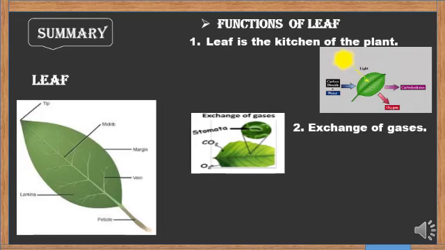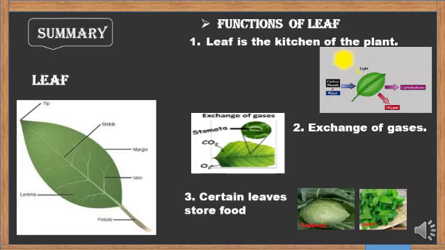Leaves release oxygen through stomata in the process of photosynthesis. And the third function is leaves store food. Sometimes extra food is stored in leaves of some plants. For example, cabbage and mint.